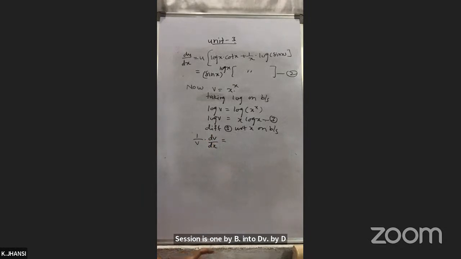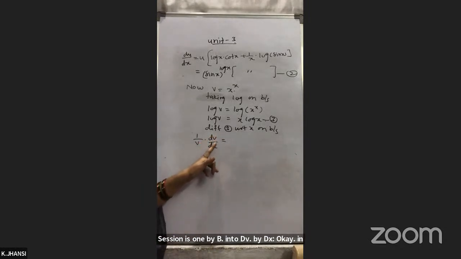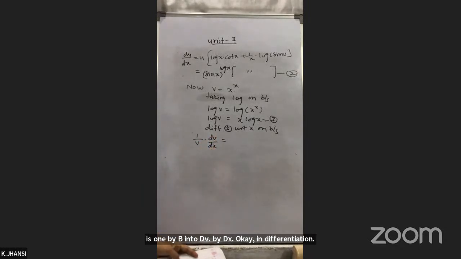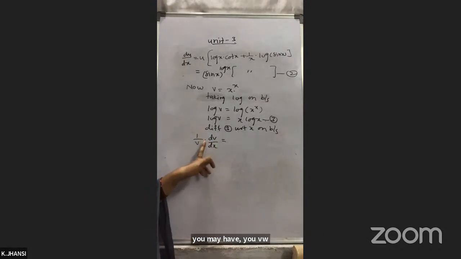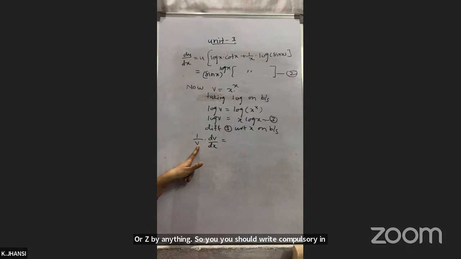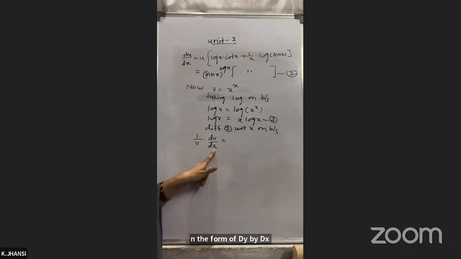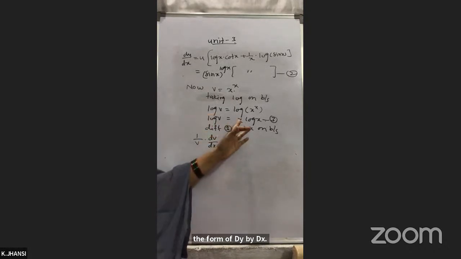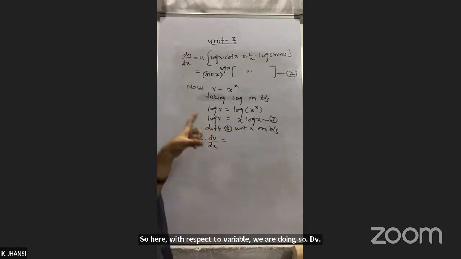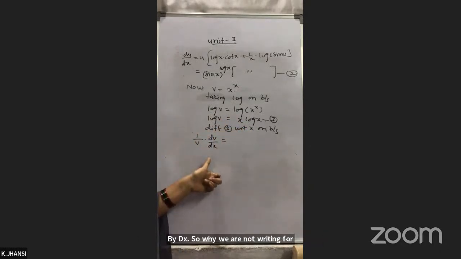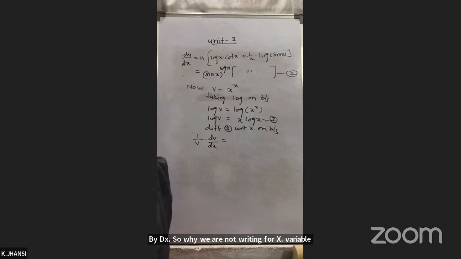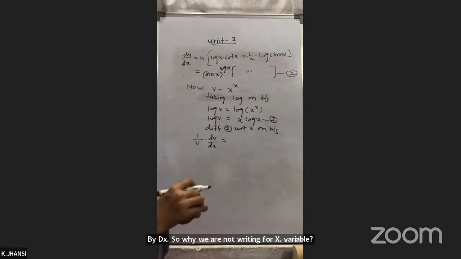In differentiation, remember that if you have a variable other than x, you may have u, v, w, z, or y, anything, you should compulsorily write it in the form of dy by dx. So here, with respect to the variable we are doing, so dv by dx. Why are we not writing it for the x variable? Because it is in the form of dx by dx and that value is 1. So that's why we won't mention that.